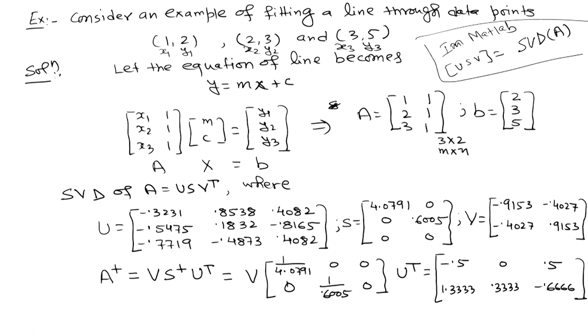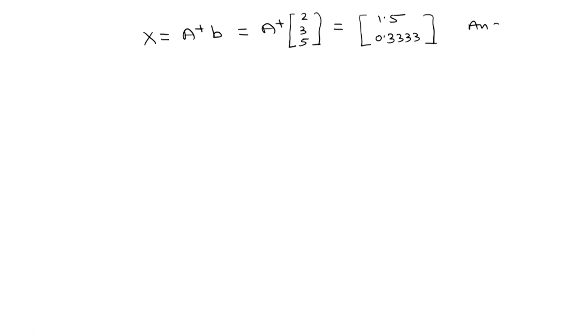Now if I calculate my x, it will become A plus into b. So, A plus into my vector b, which is [2; 3; 5], comes out to be 1.5 and 0.3333 as the least square approximation of this system.